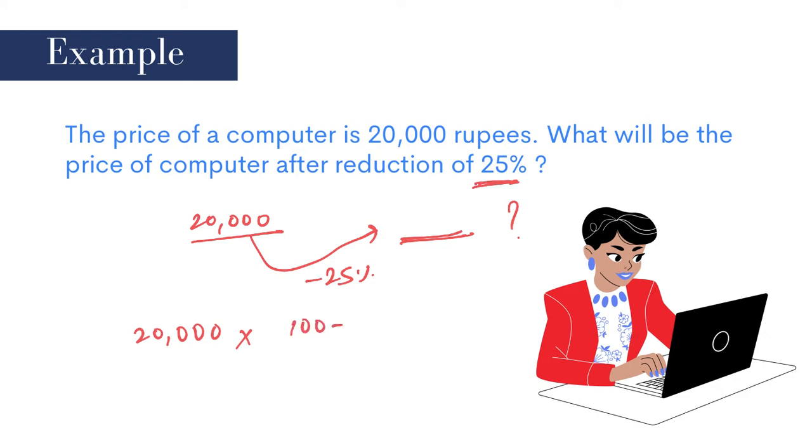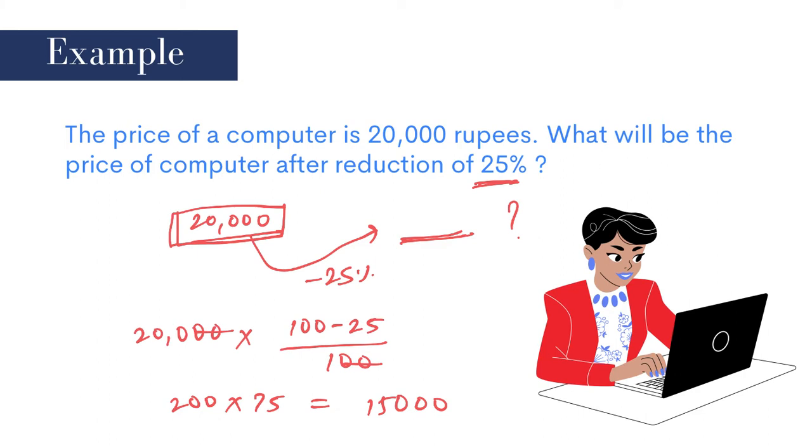So 100 minus 25, because it is decreased, divided by 100. 00 to 00 cancel. 200 multiply by 100 minus 25, which is 75. So this is 15,000. So I can say if the laptop or computer price is 20,000 and now it is decreased 25%, so now it is 15,000.